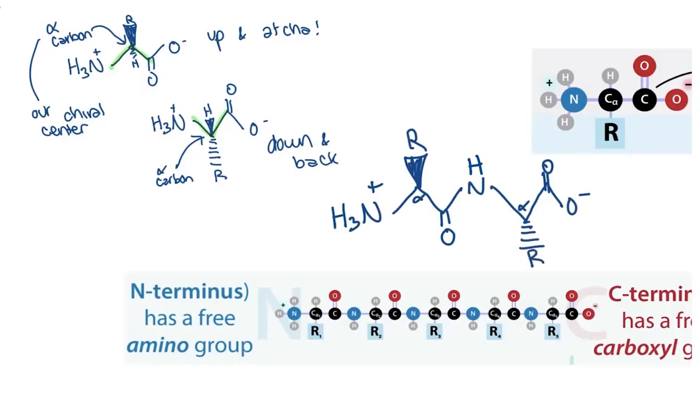And often we leave out the hydrogen, but remember that there is a hydrogen sticking up and out here and down and back here. But we're typically thinking in terms of the R group. So you can think of your up and at you or down and back. And then you just keep going throughout the whole peptide, seeing that the amino acids are alternating between being up and down and being out of the plane and into the plane.